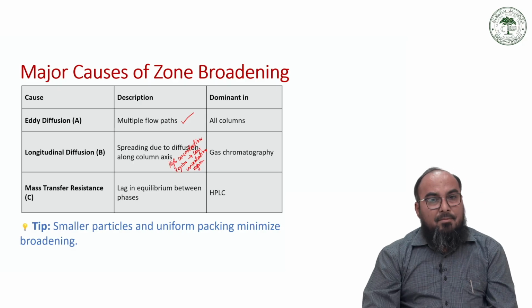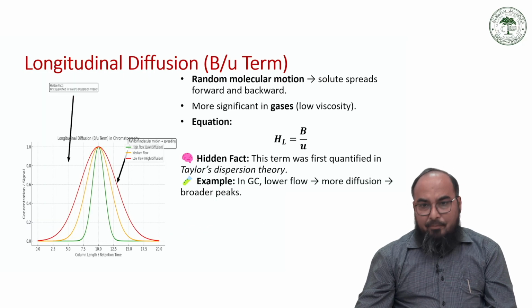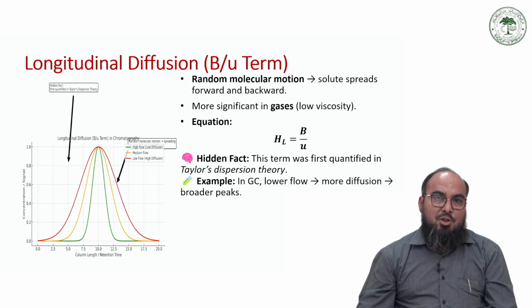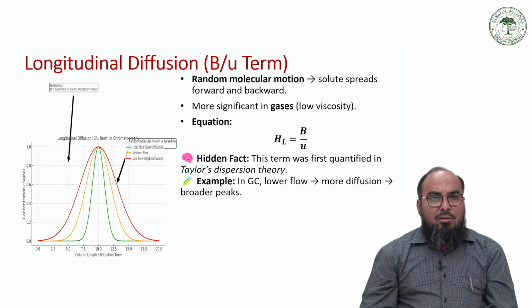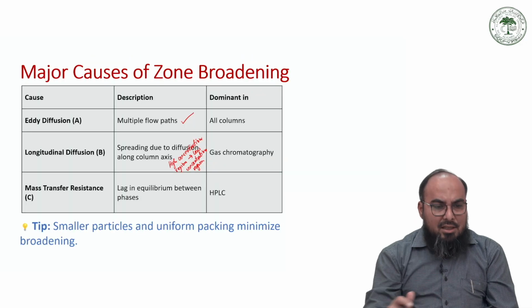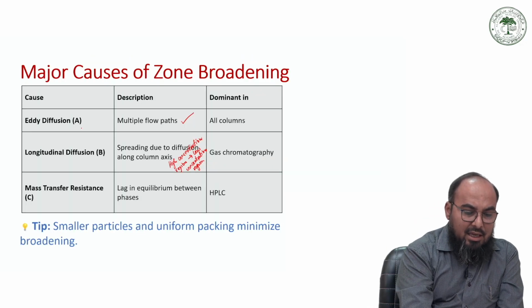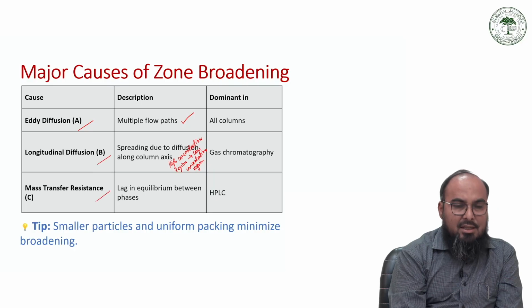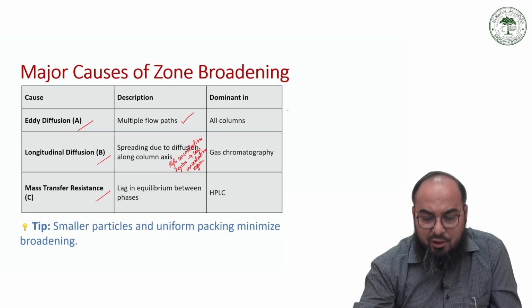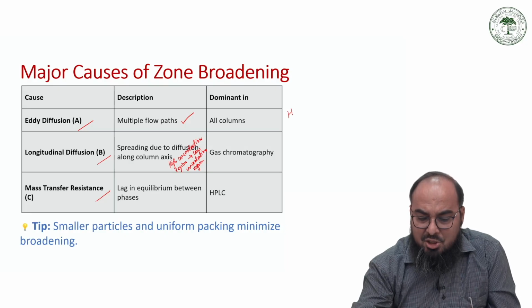Now eddy diffusion is because of the multiple paths. So let us discuss these one by one, and let us first start with the longitudinal diffusion. What is longitudinal diffusion, why does it happen, and how does it affect the separation? If you come back to the previous slide, these are the parameters A, B and C of the Van Deemter equation, which we are going to discuss in much detail.